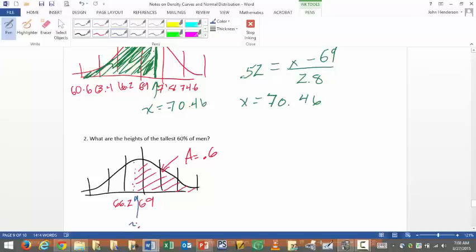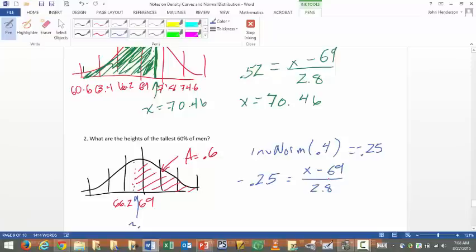If we're going to use the inverse norm function in the calculator, we have to be careful. The area that we're actually interested in here would be 0.4. When we go to the calculator, we'd end up with a z-score of negative 0.25. And so negative 0.25 equals x minus 69 over 2.8.